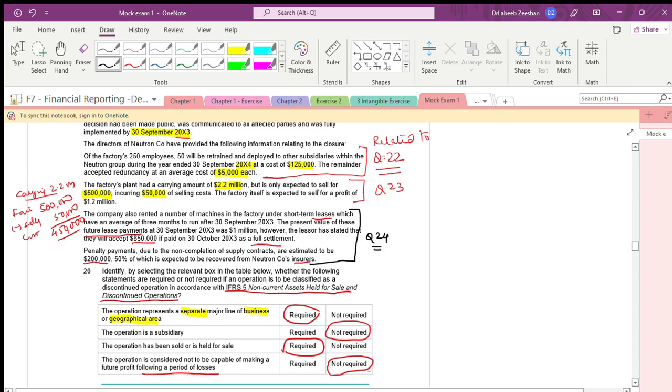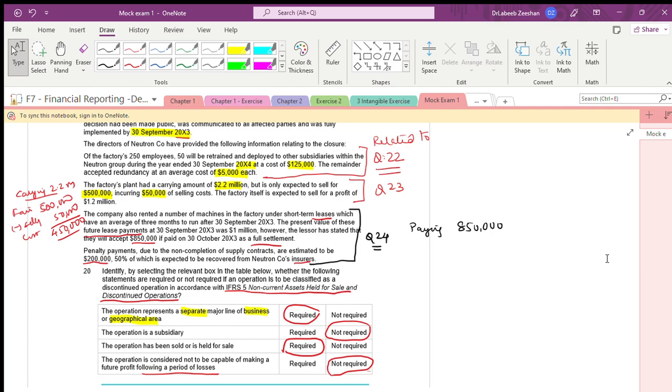The company has rented a number of machines in the factory on short lease, which have an average of 3 months to run. The present value of these lease payments is 1 million. However, the lessor has stated that they will accept 850, so the lessee is paying 850.